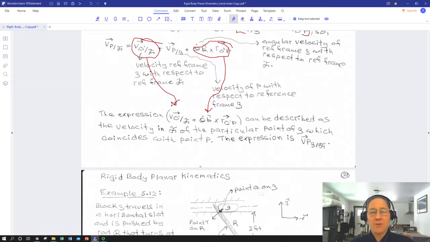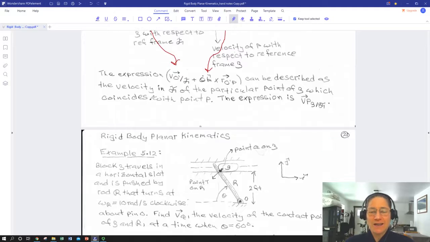What this is saying, if we put these together, is that this is the velocity, with respect to reference frame F, of some point in reference frame B that just so happens to correspond to point P. So it's like we took point P and we made it like a little tag onto reference frame B. And we said, okay, we're going to look at the entire movement of reference frame B tracking the tag that is point P. So that is the point of interest in reference frame B, not just any point in reference frame B, but point P in reference frame B. So think about it as the whole reference frame moving, but we're just looking at one point in it. So kind of an esoteric concept.